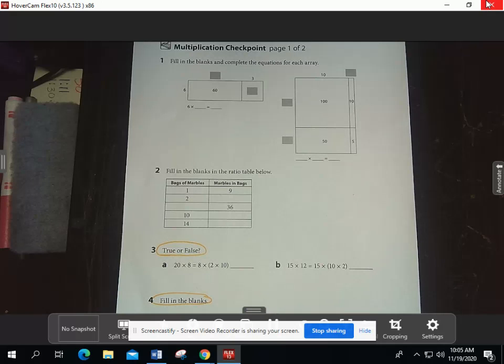Okay, so you may begin. Put your name on it so I know who you are. Arrange your book so that nobody's peeking at your work. There you go.